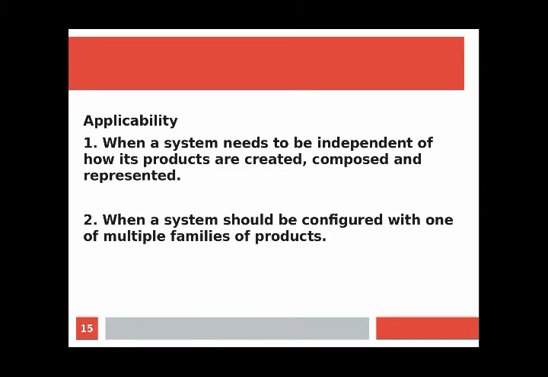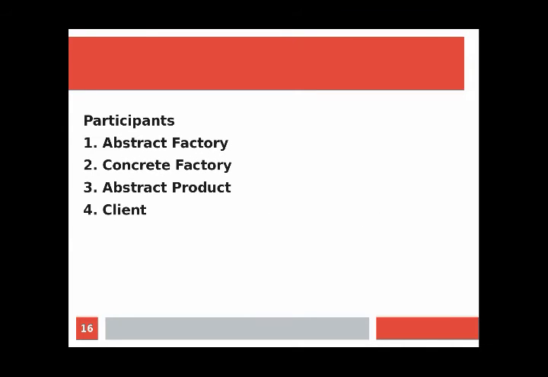Third, when a family of related product objects is designed to be used together, then this constraint needs to be enforced. Fourth, when you want to provide a class library of products and you want to reveal just their interfaces, not their implementations. Next is the participants.